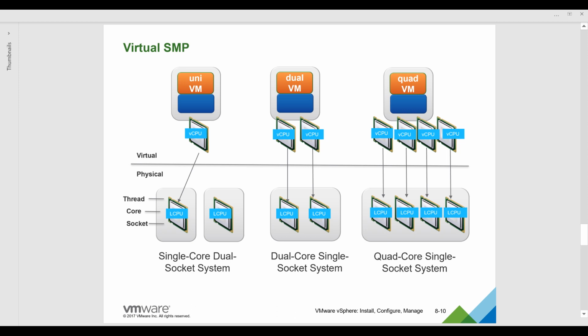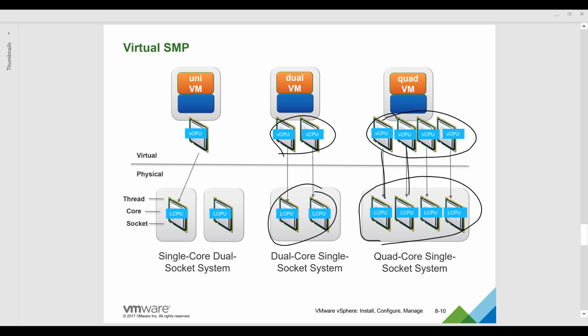Dual core, dual system, or dual socket, and this one would be we actually have two physical CPUs, and we assign two logical processors, or each vCPU. And then let's say we have a quad core single socket system, so we have four processors, so we can align four vCPUs, take up each processor.